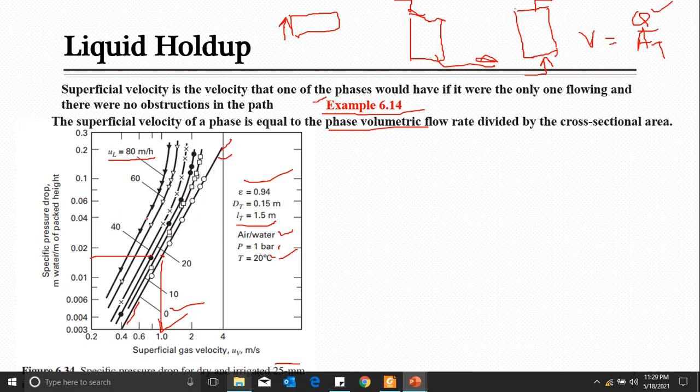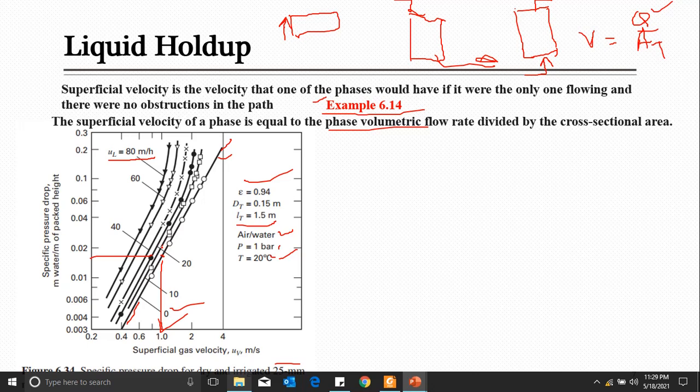But when you look at other points, as we introduce the liquid, look again at the same point of 1 meter per second. For the first line, the liquid velocity is 10 meter per hour, so you have introduced some liquid.